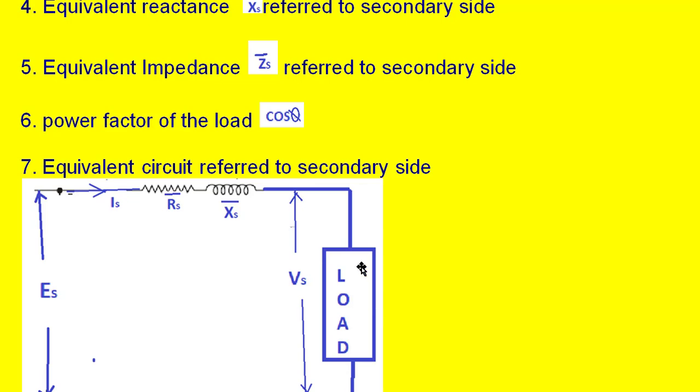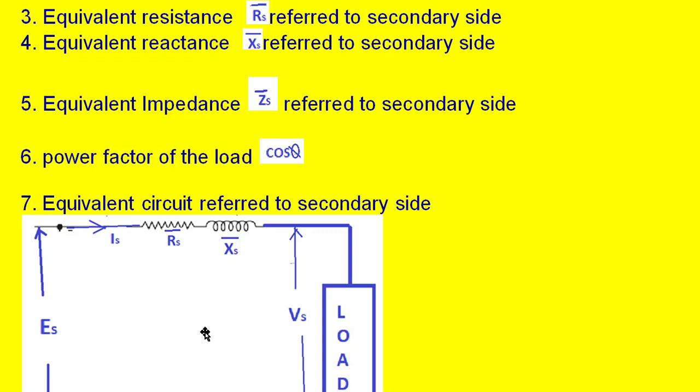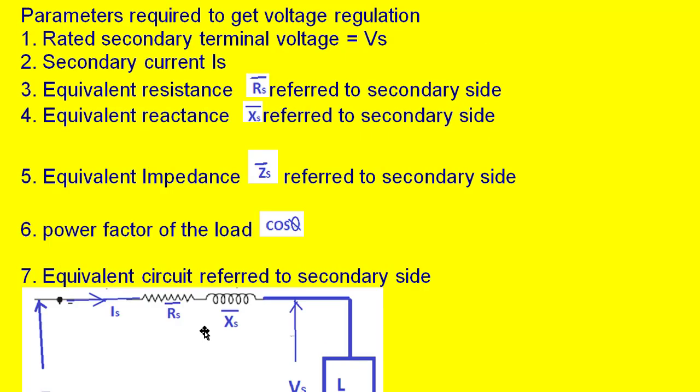We should also know what is the total equivalent resistance of the transformer referred to the secondary side. Similarly, we should also know what is the total reactance of the transformer referred to the secondary side, and what is the secondary current flowing, and also the induced voltage in the secondary winding. Once we know all this, mathematically we can get the voltage regulation of the transformer.